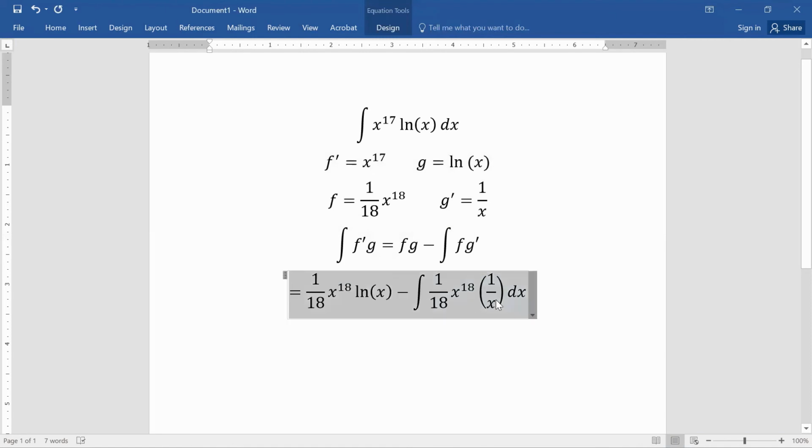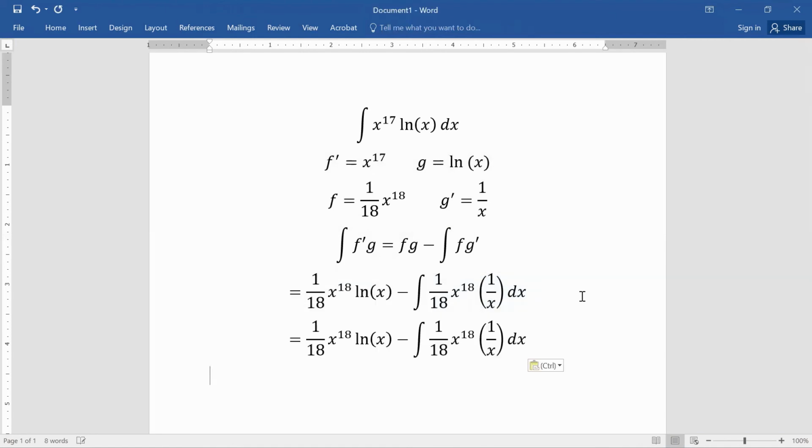I'm going to simplify that. 1/18 x to the 18th times 1 over x. Anytime you take 1 over x times x to a power, the power is going to be reduced by 1.